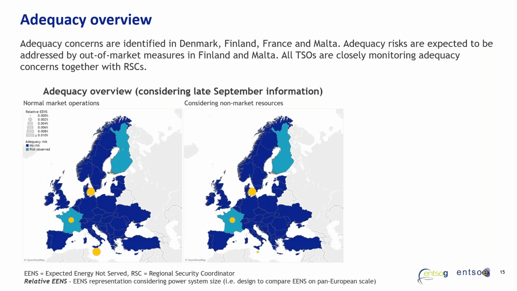The main finding is that we see some risks in 4 countries: Finland, Denmark, France, and Malta. And they are of various magnitudes, I would say.